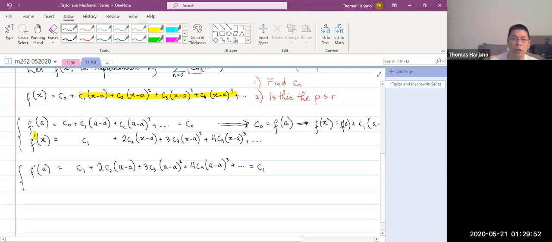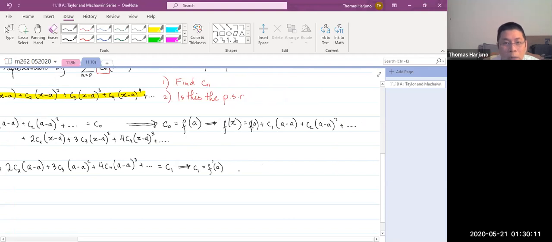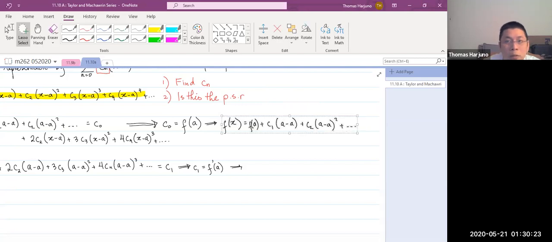So at this point, I can update my coefficient c1 for x minus a to the 1. That equals f prime a. I will copy whatever I have here. Oh, I made a mistake here. Good thing I see it. It's supposed to be x here.